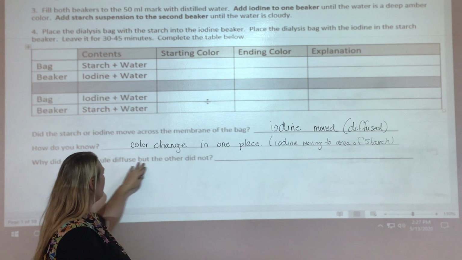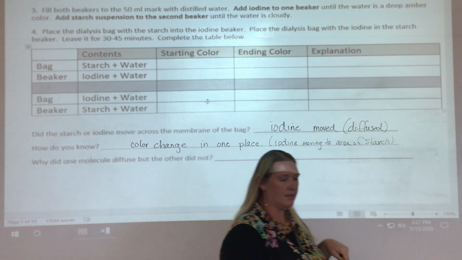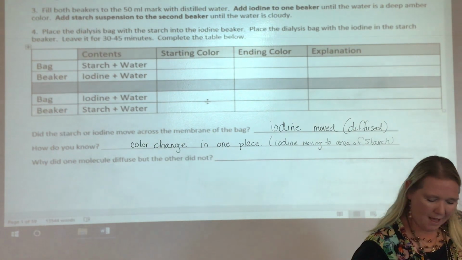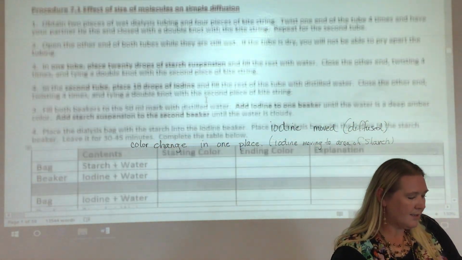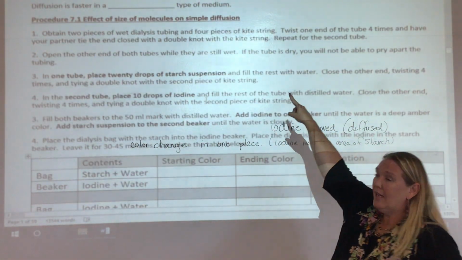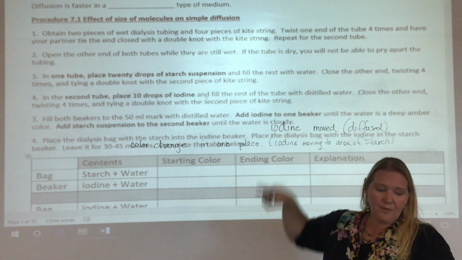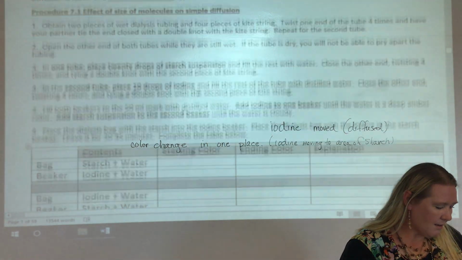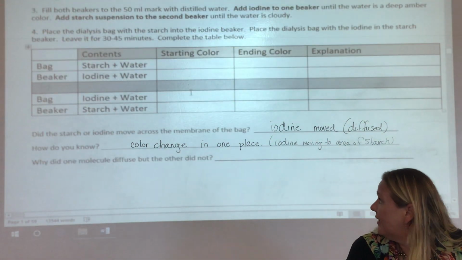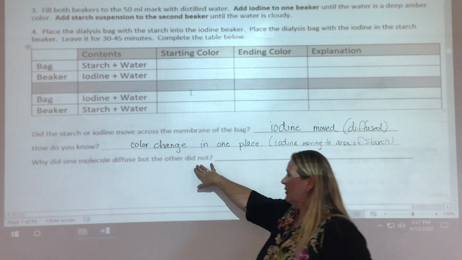Why did one molecule diffuse and the other one did not? As you think about that, we scroll right here to the heading and the title of this procedure: effective size of molecules on simple diffusion. What are we testing here? We are testing the size of the molecule.